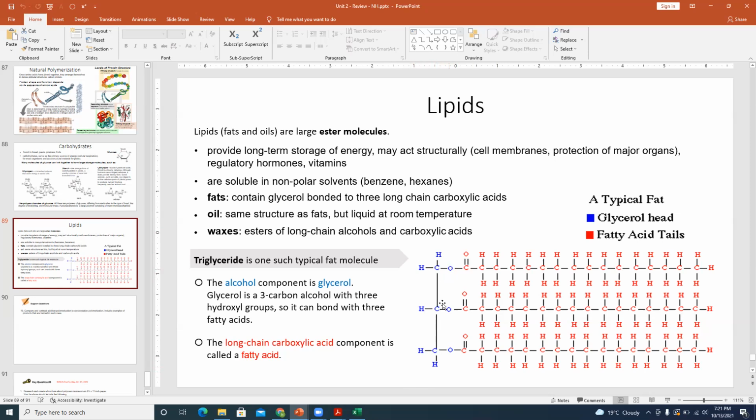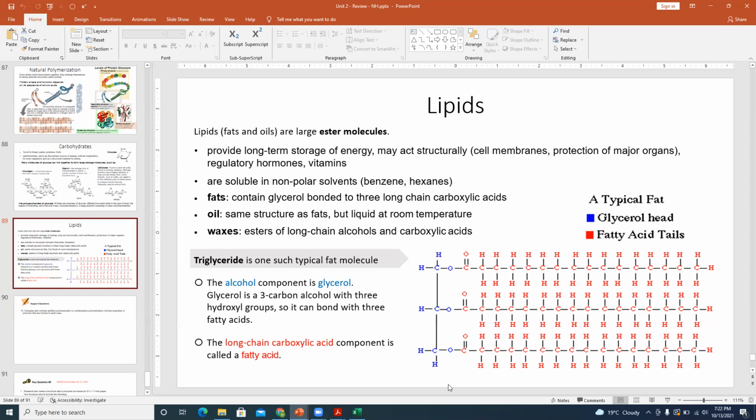So this O, and then an H. There would be H's here, but once it reacts with this carboxylic acid chain, it loses the OH from the carboxylic acid and the H from the glycerol, and it's a condensation reaction. You can imagine a molecule of water leaving here.